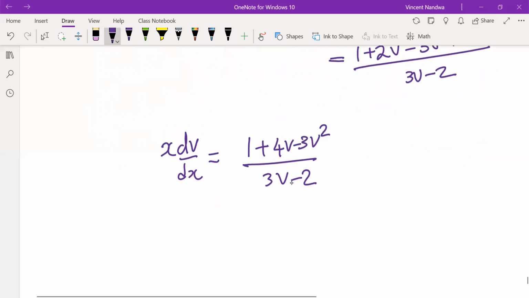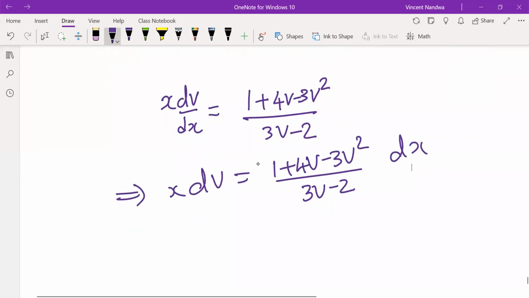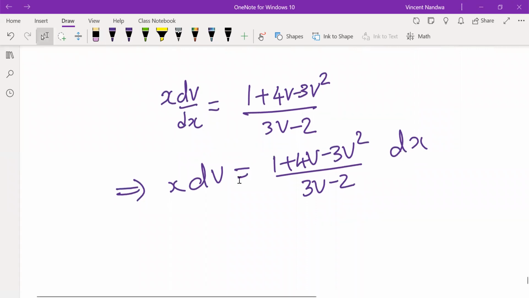So we separate variables: dv x equals (1 + 4v - 3v²)/(3v - 2) dx. Cross multiply by the reciprocal of this and the reciprocal of this.